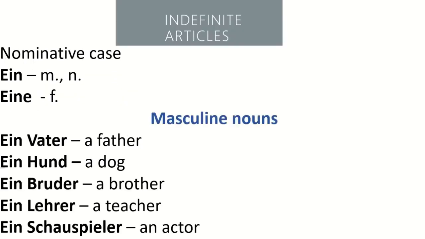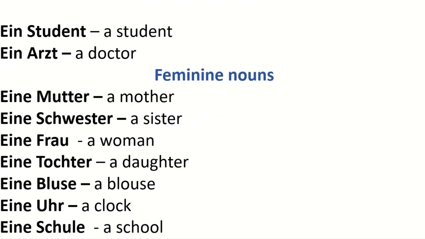Now let's repeat these words. Indefinite articles. Nominative case. Ein, eine. Masculine nouns. Ein Vater. Ein Hund. Ein Bruder. Ein Lehrer. Ein Schauspieler. Ein Student. Ein Arzt. Eine Mutter.